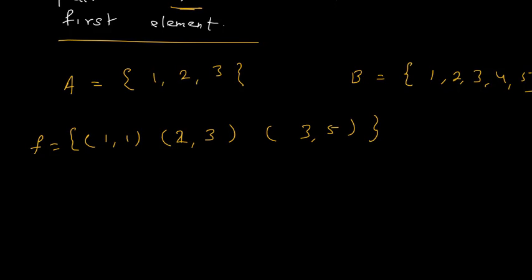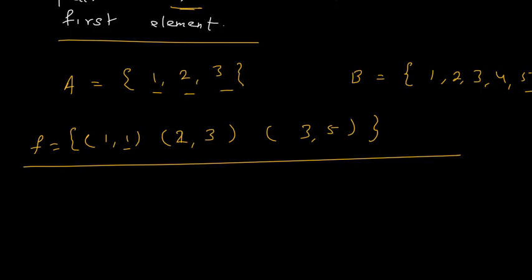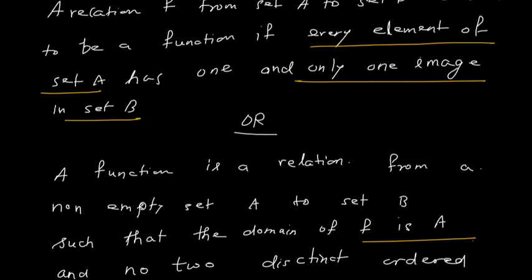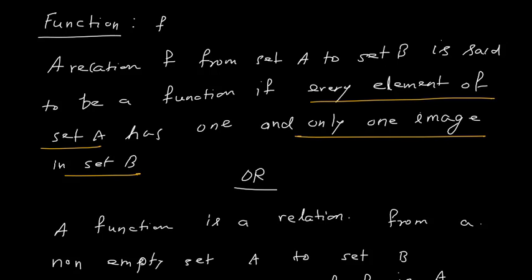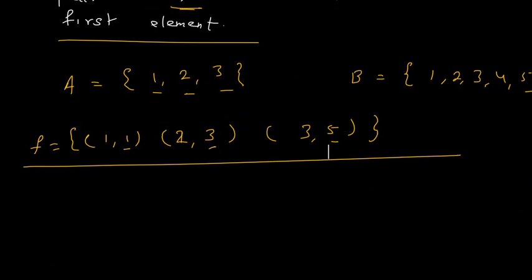So here both the conditions hold. First of all, each element of set A must have an image. So here you can see that 1 has image 1 in set B, 2 has image 3 in set B, and 3 has image 5 in set B. Each and every element of set A must have some image in B. And the second condition is that it has one and only one image. So here 1 has only one image 1, 2 has only one image 3, and 3 has only one image 5.